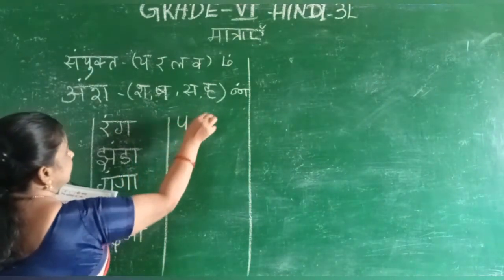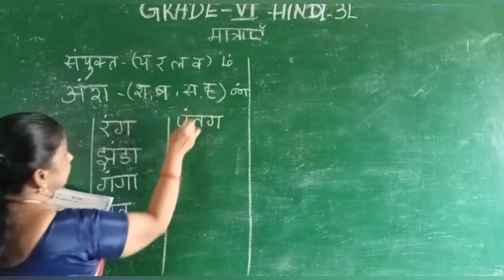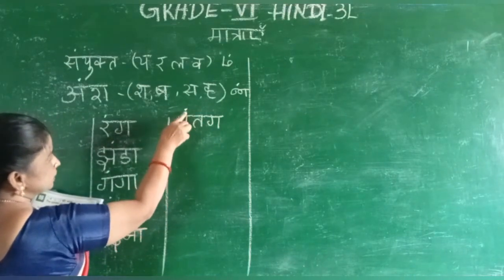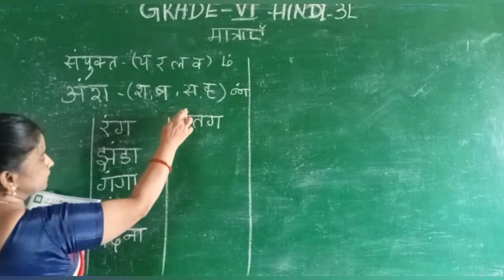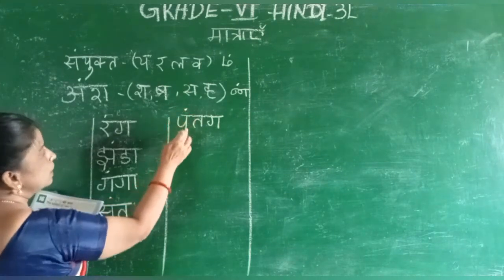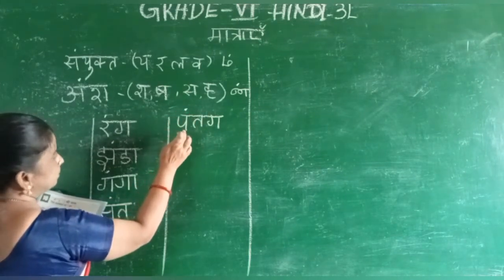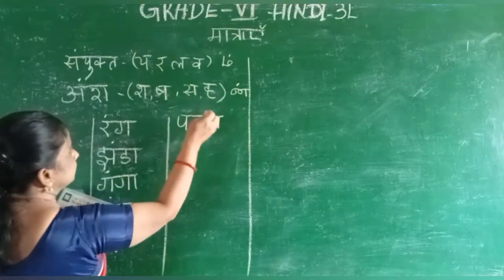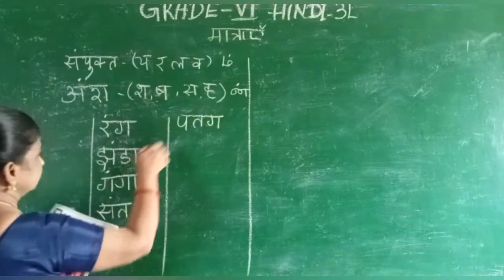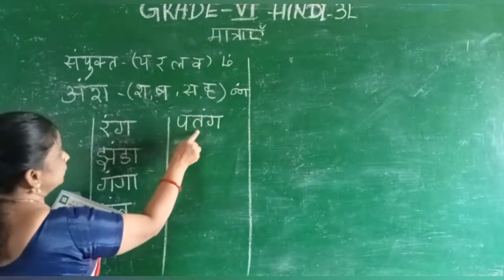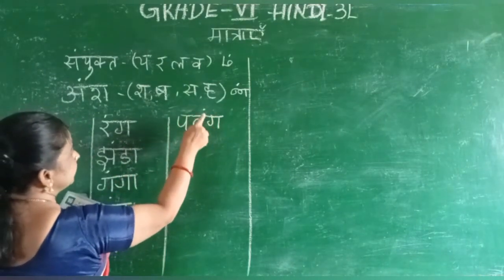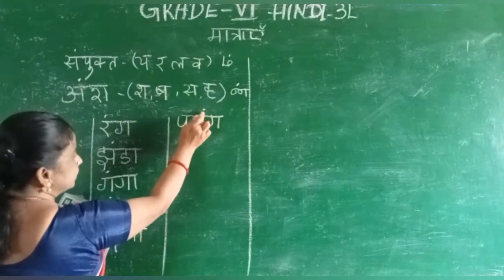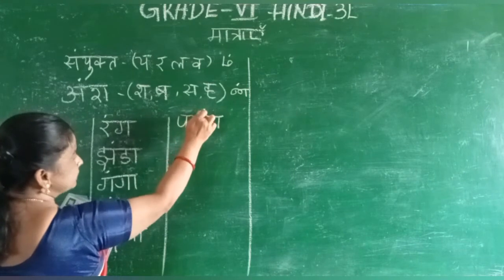Next, pa, ta, ing, ga. See, after the dot, here in the middle of the letters, the dotted symbol is printed.